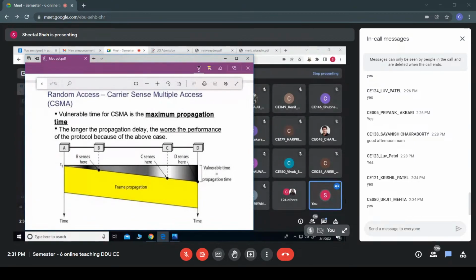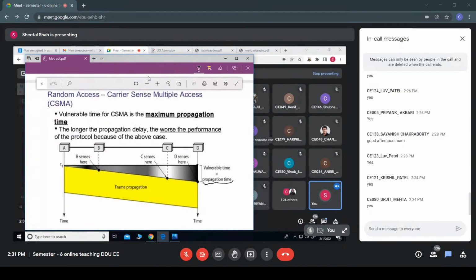It is a time in which there is a possibility of collision. So suppose the time which station A takes to transmit the entire frame, if it takes around the propagation time, that means the first bit has already reached here.